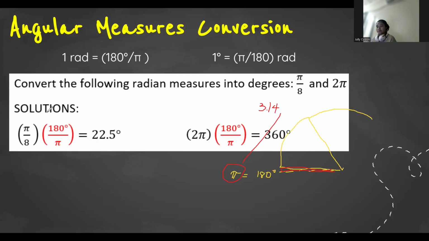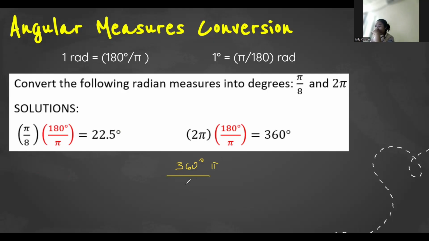Next, 2 pi, convert it to degrees. So 2 pi times 180 degrees, so that is 360 degrees pi over 1 times pi, so that is pi. So makancel diri, of course, ang pi nga symbol. So 360 over 1, so that is equal to 360.